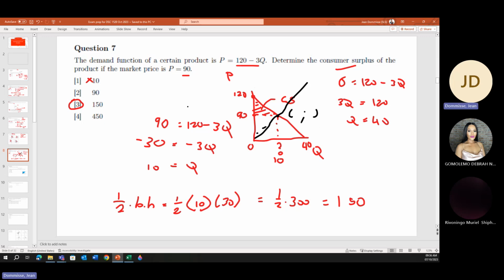That could have been the other way for them to do it. Here they told us it is 90, so we could calculate Q as 10, but otherwise they could also just give us the formula of that line going through there. So again, a bit different question to what we have seen.